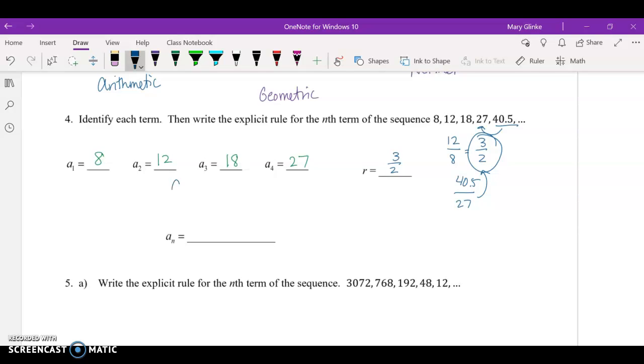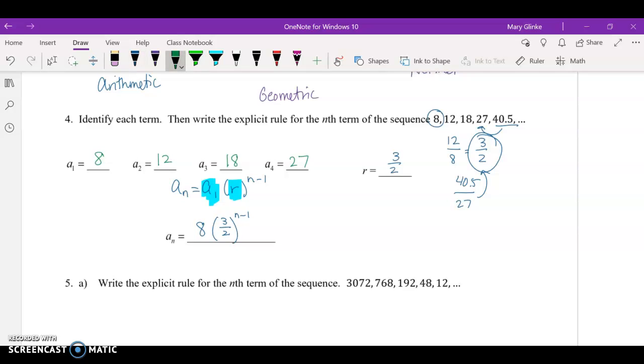So to write the rule, it was a sub n equals a sub 1 times r to the n minus 1. And we have to plug in two things. We have to plug in our first term, which in this case is 8. And our common ratio is 3/2 to the n minus 1. And you can always test your formula by taking one of your values here.